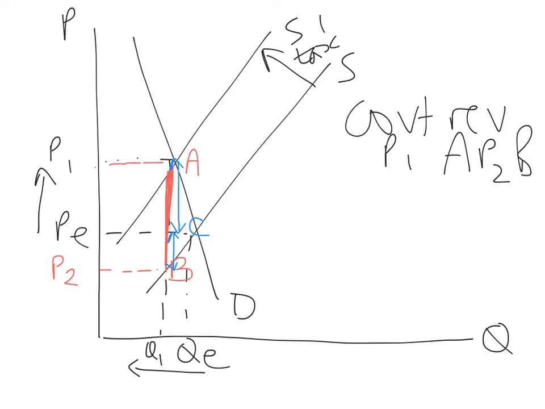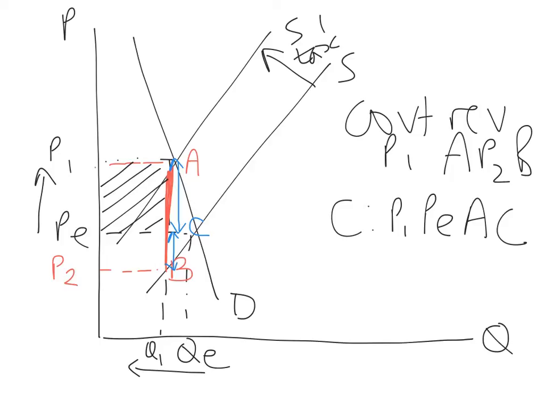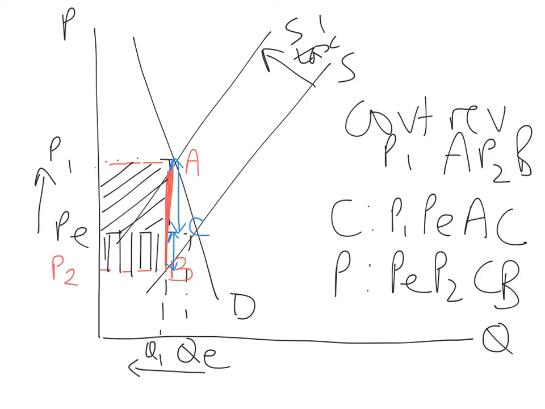But the incidence of taxation on the consumer is P1, PE, A, C, whereas the producer is going to absorb PE, P2, C, B, as shown by the downward hatch crossing on my diagram. The government gets the whole rectangle, but the incidence or burden of taxation is split between the consumer and the producer.